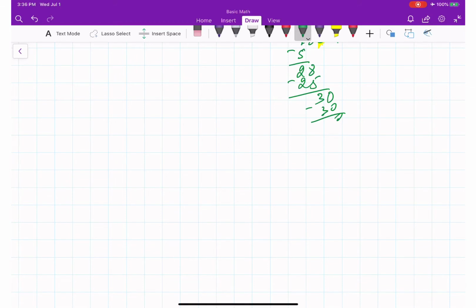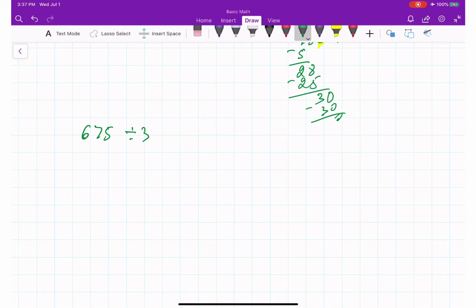Division by 3. Okay, let me see. I have 675. Looking at the number, I can tell you right away that this number is divisible by 3.